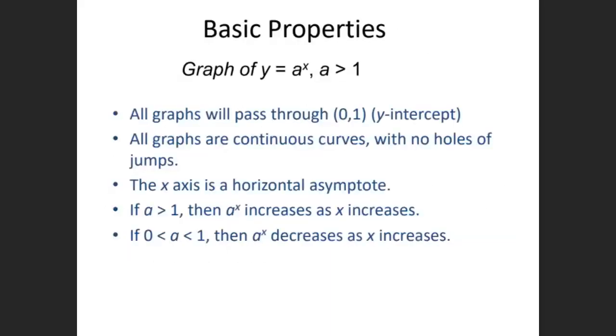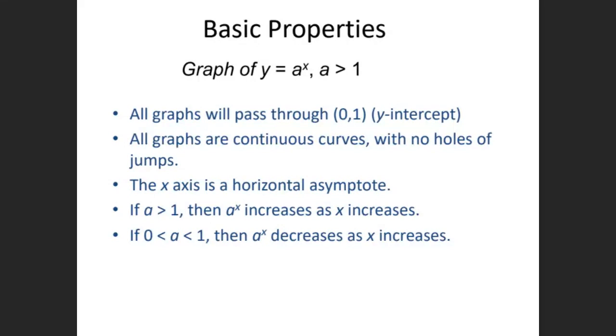All right, so let's look at some basic properties, and this is to help us graph. I like to think of this equation, y equals a to the x, as our parent function or parent equation, and this graph has a y-intercept at (0, 1).